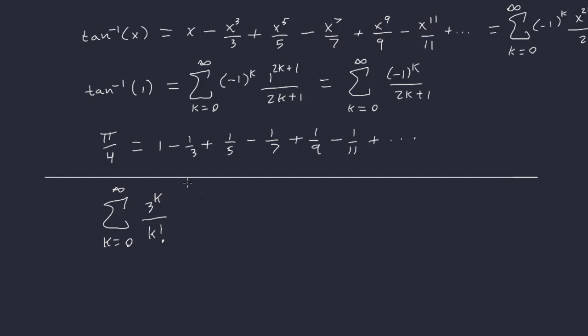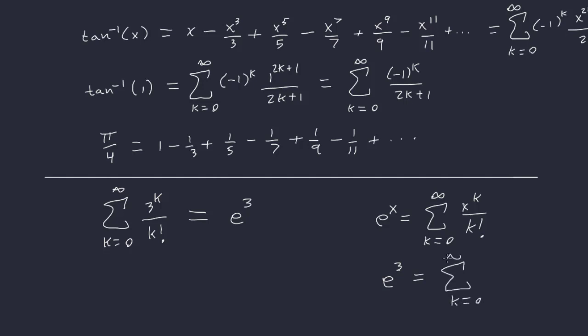Well, this is actually going to be equal to e cubed because e to the x is the series k going from 0 to infinity of x to the k over k factorial, and when you plug in 3, you get this series k going from 0 to infinity of 3 to the k all over k factorial.